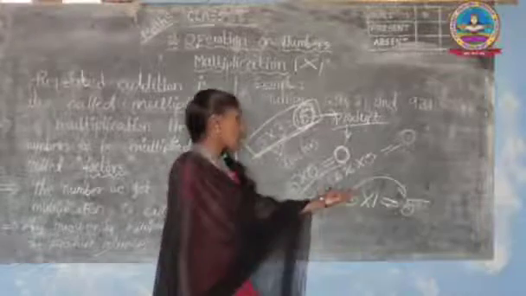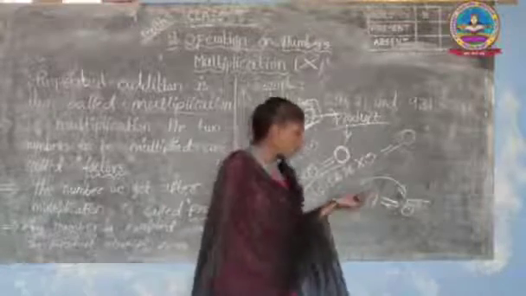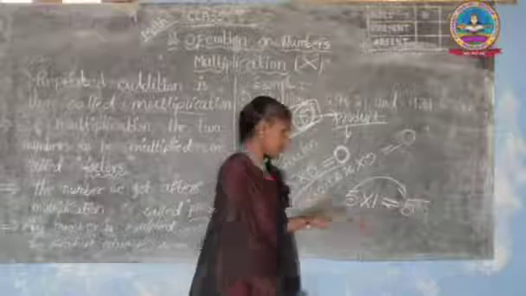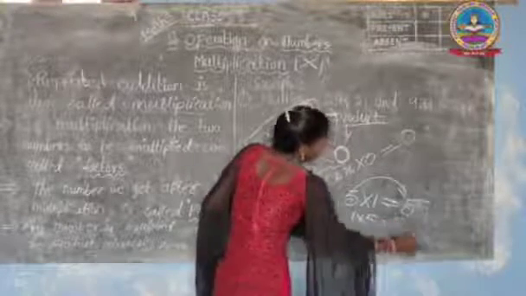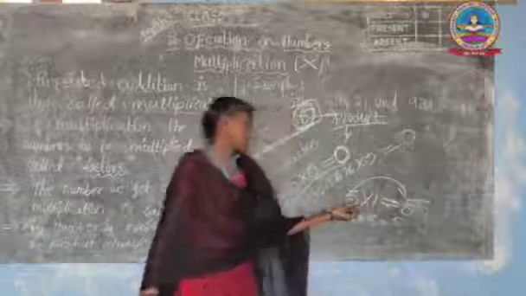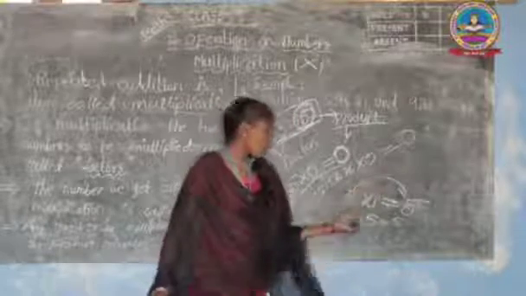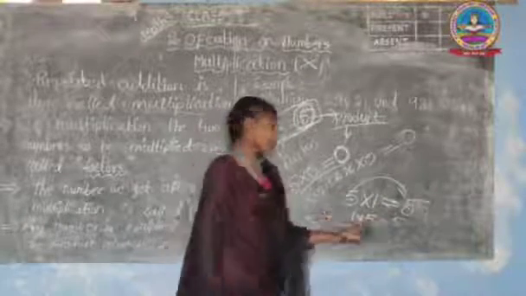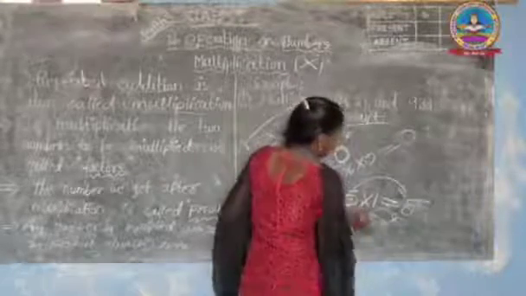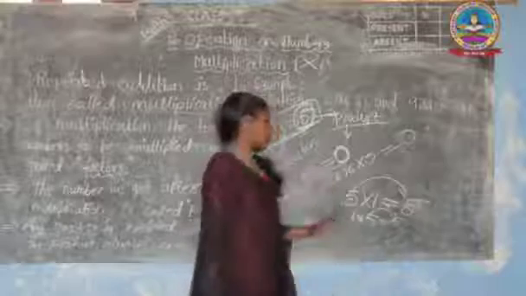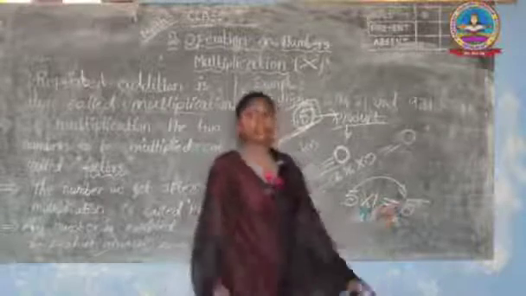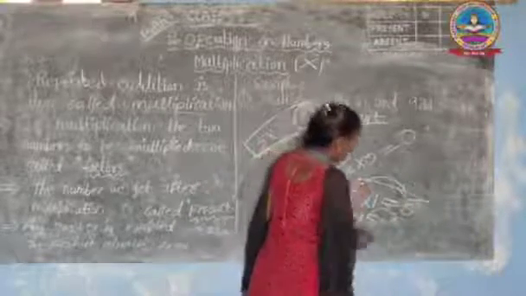So 5 into 1 equals 5, and 1 into 5 equals 5. This is the second rule of multiplication.